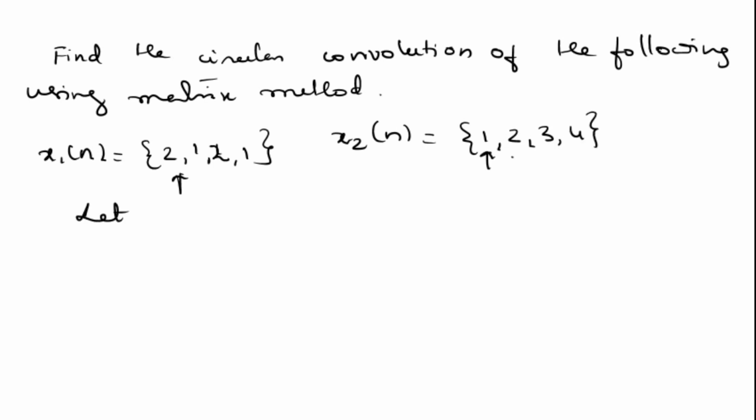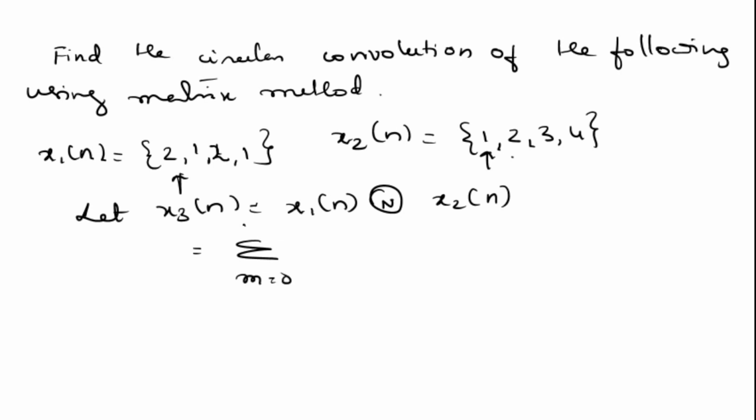Write the formula. Let x3 of n is equal to x1 of n in point circular convolution with x2 of n, which is equal to summation m is equal to 0 to n minus 1 x1 of m into x2 of n minus m of 4, where n varies between 0 to 3.